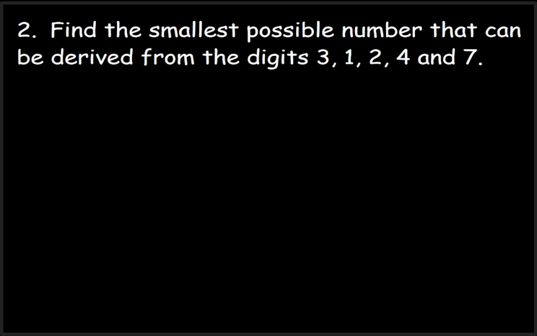Find the smallest possible number that can be derived from the digits 3, 1, 2, 4, and 7. So let's list out the digits.